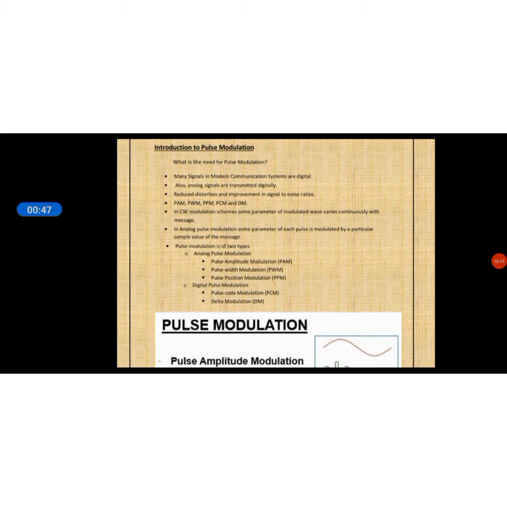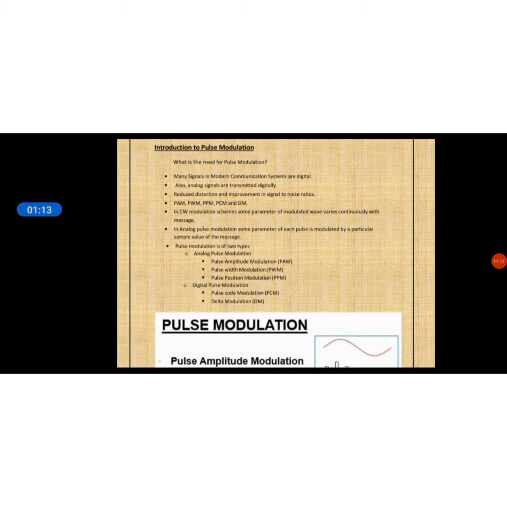In analog communication, we have three different kinds of modulation: amplitude modulation, frequency modulation, and phase modulation. In analog modulation, there are two important things: one is information, another one is carrier. Both are analog.